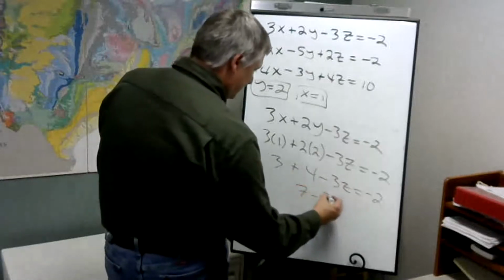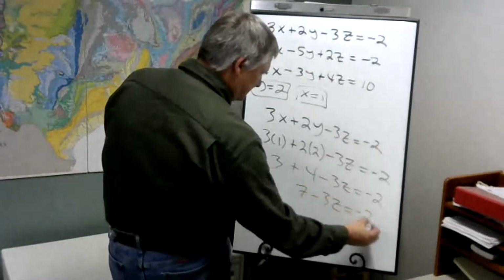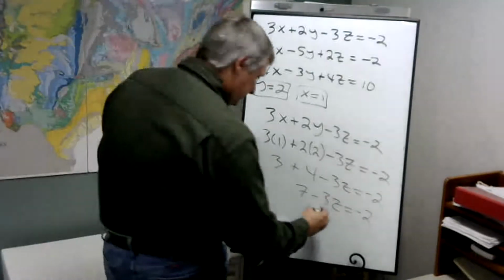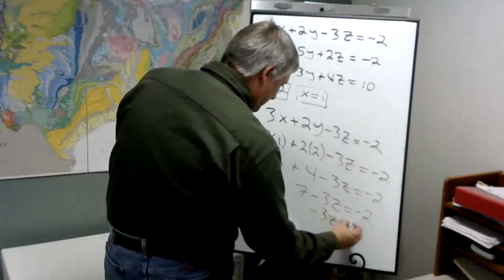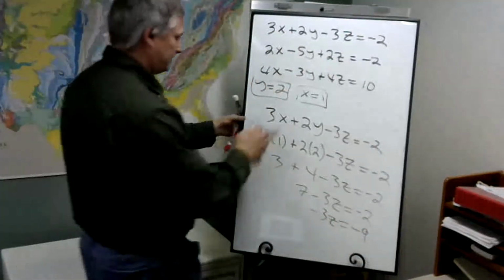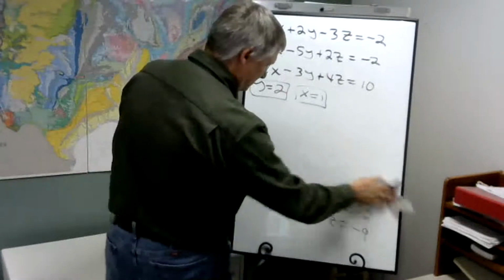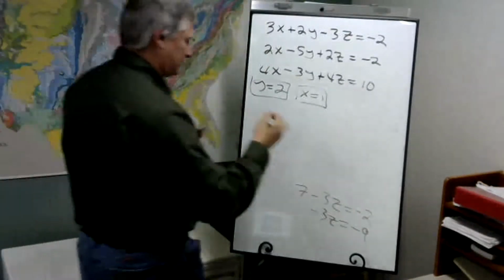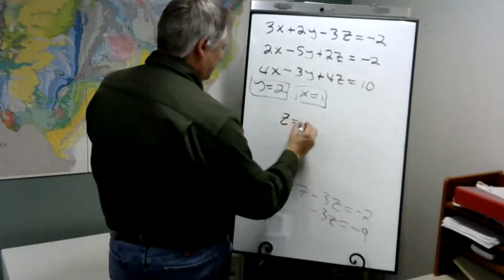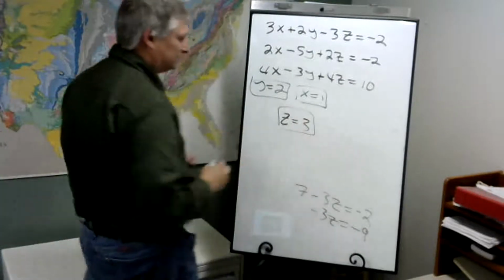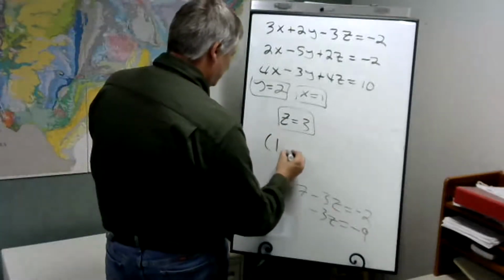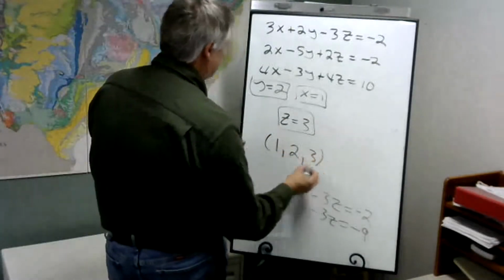We'll get 7 minus 3z is -2. Subtract 7 from both sides. Minus 3z is -9. Divide both sides by -3. We'll get z is 3. So the solution is 1, 2, and 3.